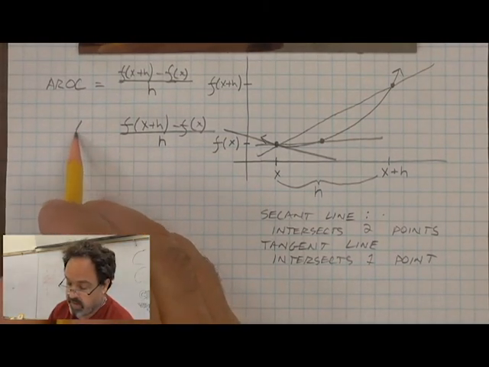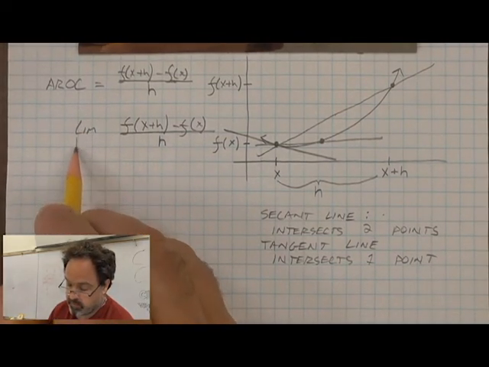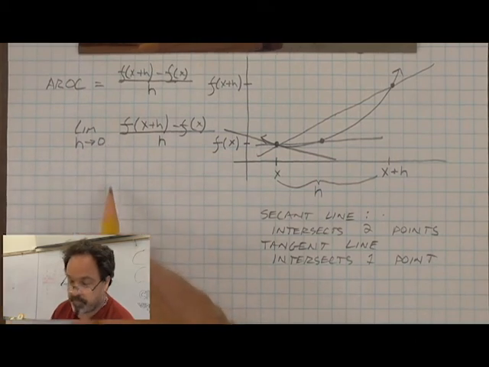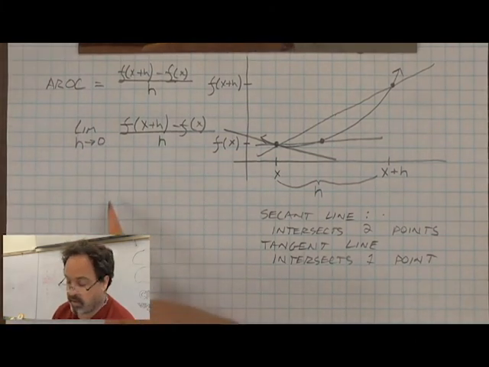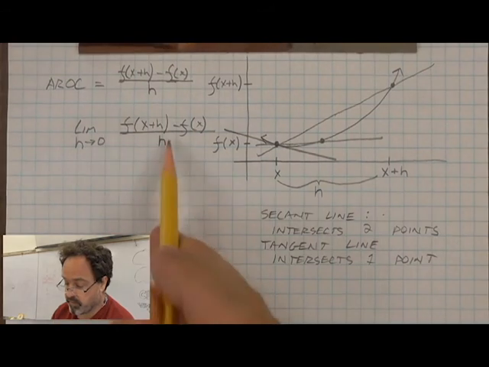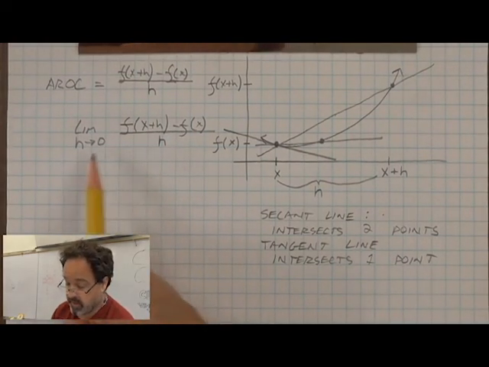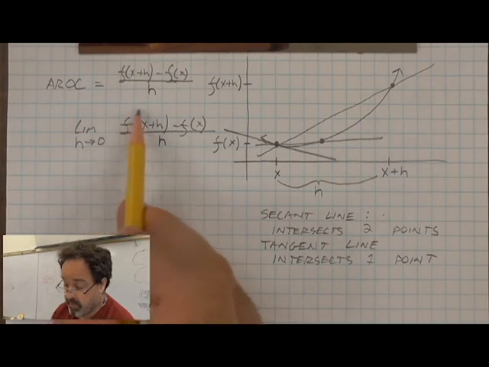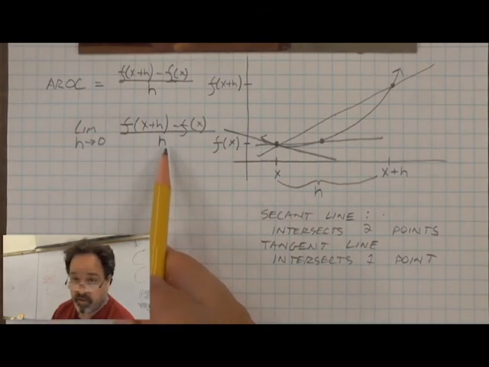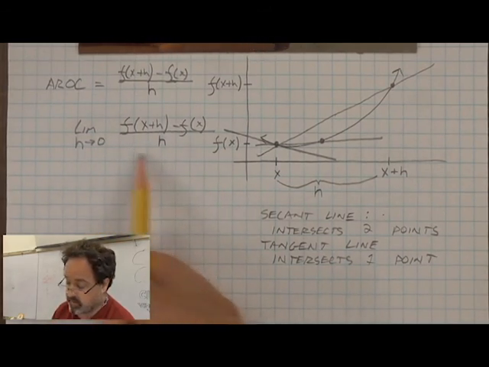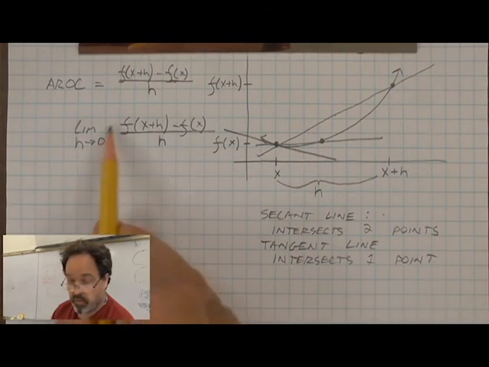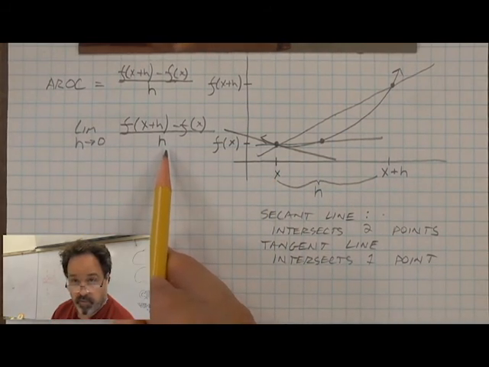We need that distance to be approached as a limit. If I put a limit statement in front of the average rate of change expression, then I can think of what's happening to the rate of change as the distance between the 2 points goes to 0.